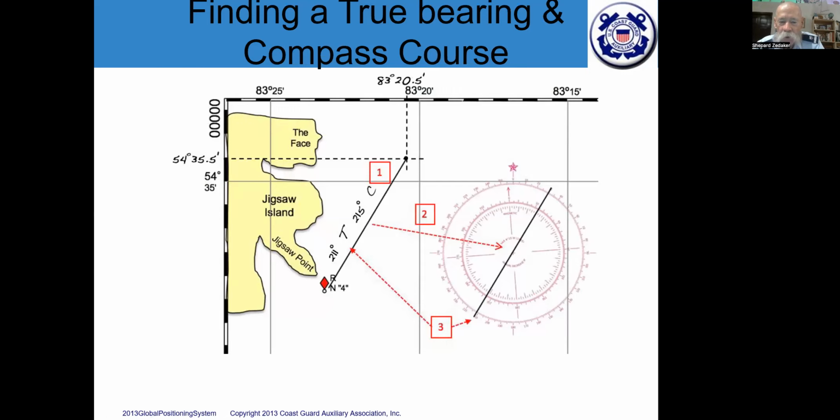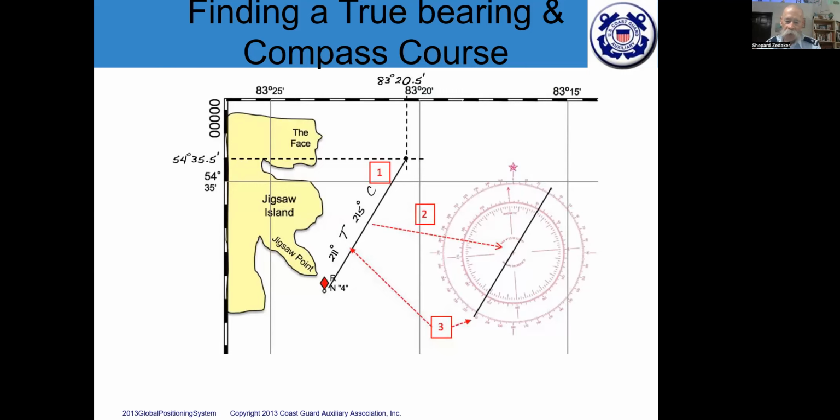So here's a more complex problem. Distance is nice, location is nice, but what compass course should I steer? How would I know what to do? Once again, we take out our trusty parallel rules, which allow us to transfer one straight line over to another place.